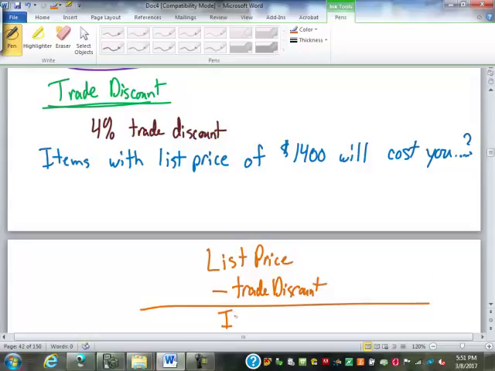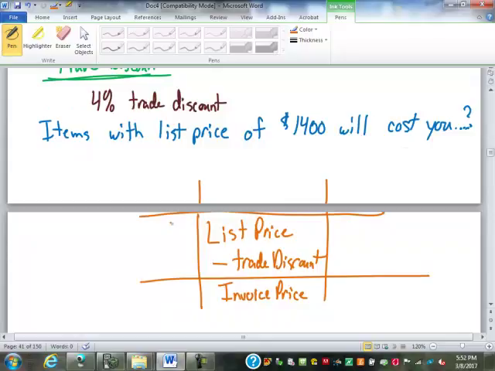The price that you pay, we're going to call the invoice price. That is the actual amount that is going to go on the invoice that the supplier sends to you or puts in your records. And as we mentioned before, each of these numbers in a percent problem is going to be described by a percent and by some other number. And in this case, that other number is dollars.